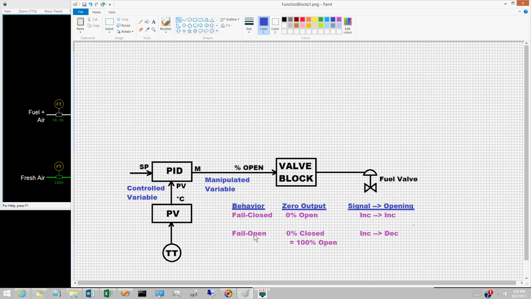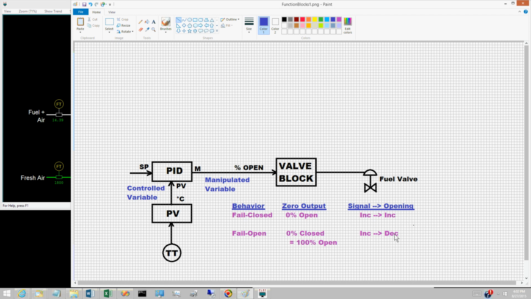Next, consider a valve that fails open. On a zero value for the output signal, the valve must be 0% closed or 100% open. As the output signal increases, the valve opening decreases. Hence, this behavior is increase-decrease.